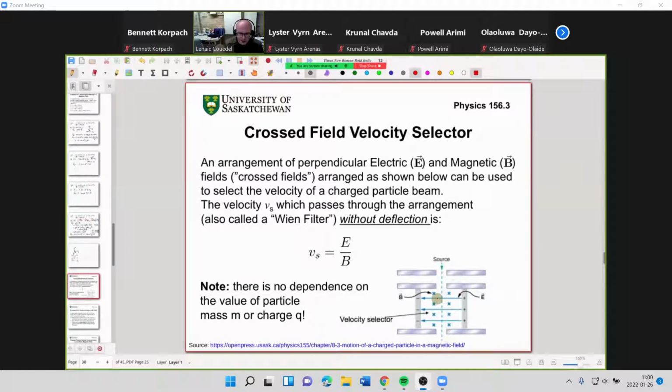So the vectorial sum will be equal to 0, and the particle will continue straight into the apparatus. This will occur only for a special velocity, Vs, which is the magnitude of the electric field divided by the magnitude of the magnetic field.